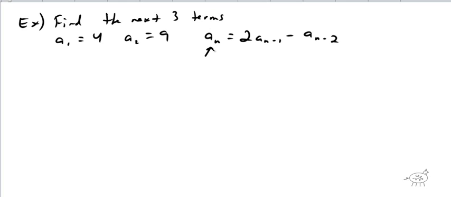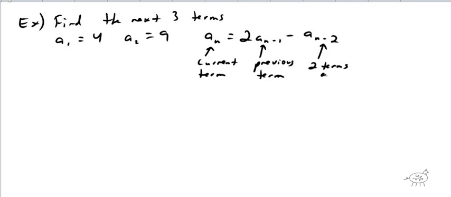So remember, that's your current term. That's your previous term. And that's a sub n minus 2, 2 terms ago. So the one before the previous term. Okay, that's why I've given you a sub 1 and a sub 2.